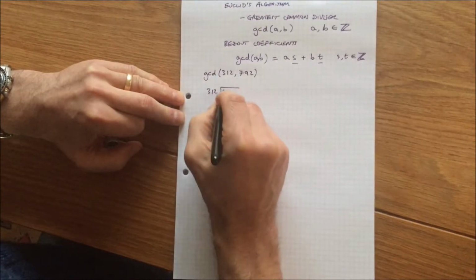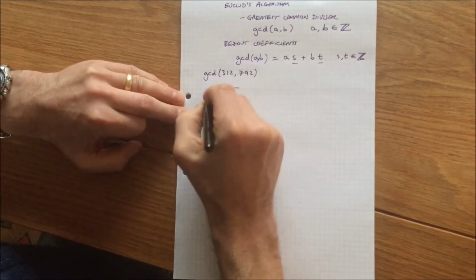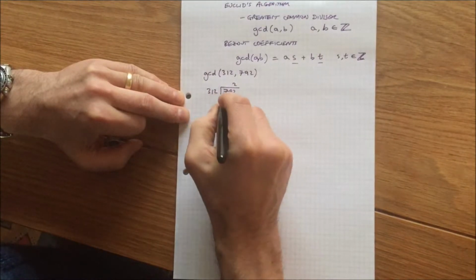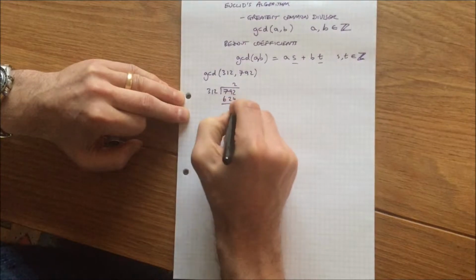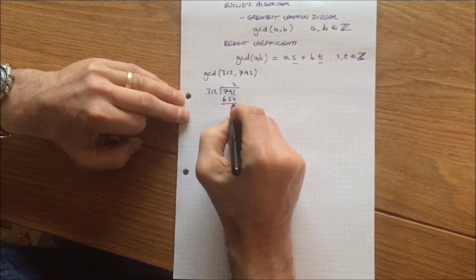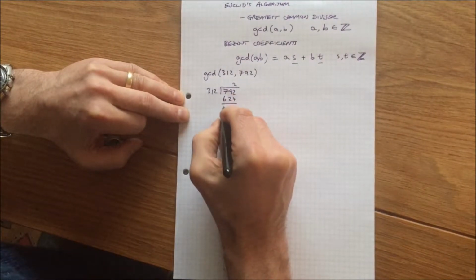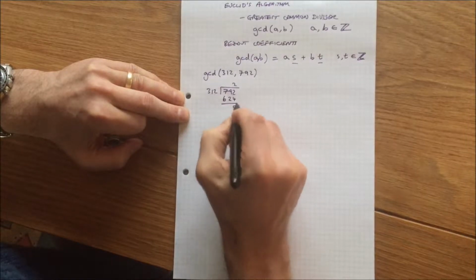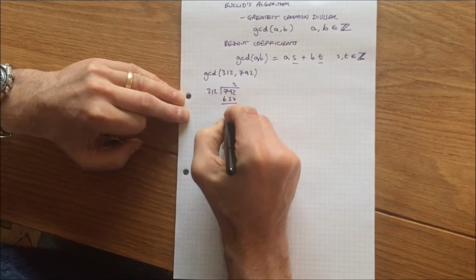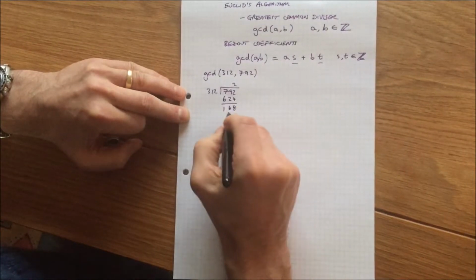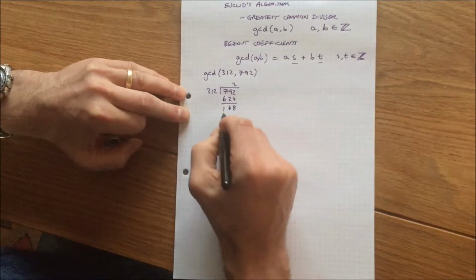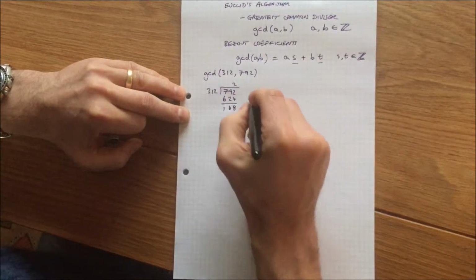So 312 into 792 will go in twice. 624, and the remainder will be 168. I now want to divide 168, the remainder, into the original divisor.